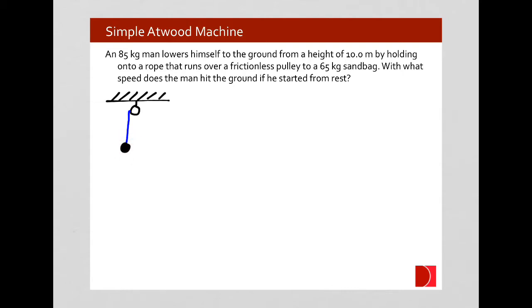On the other end of the rope, there is a sandbag. This is M2, which is 65 kilograms for the sandbag. This is M1, which is the man, and that is 85 kilograms.